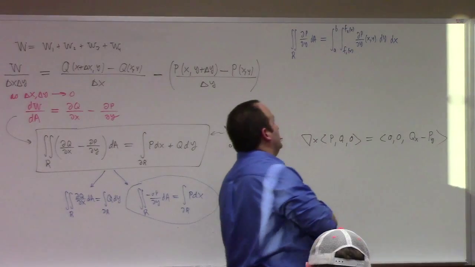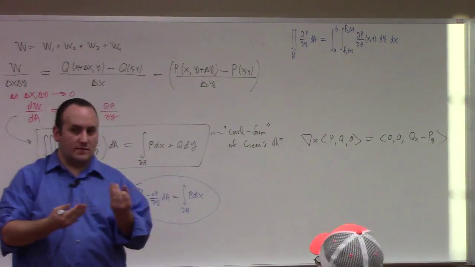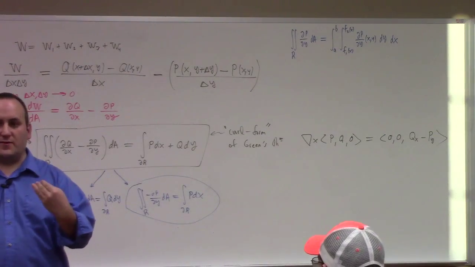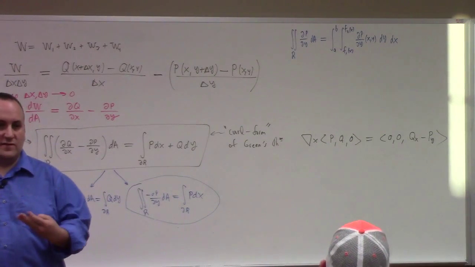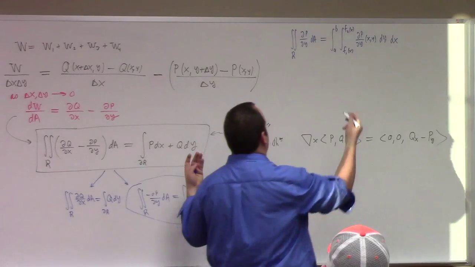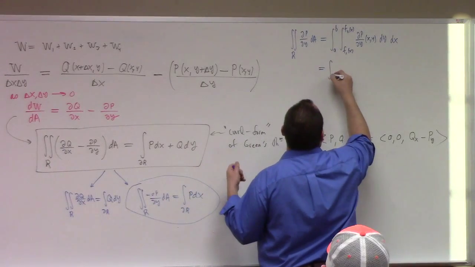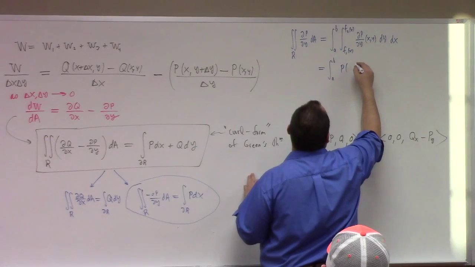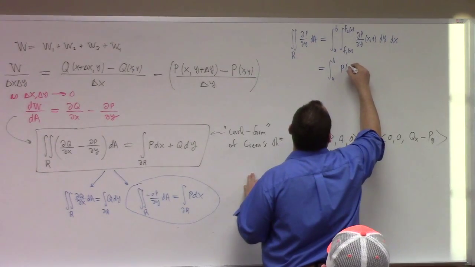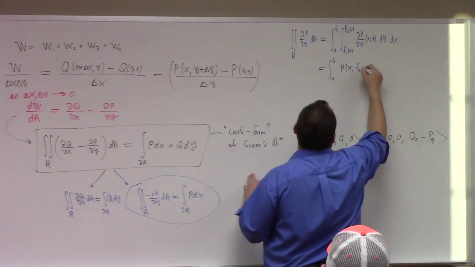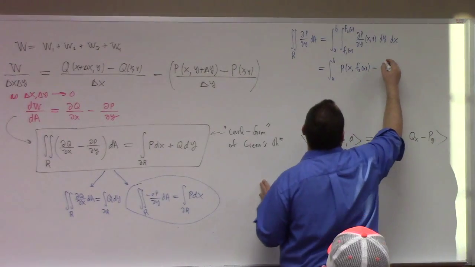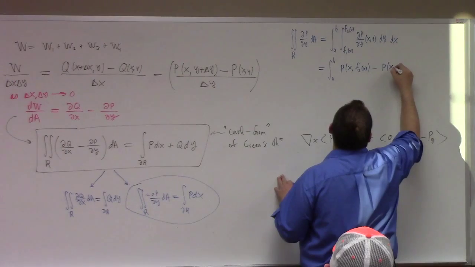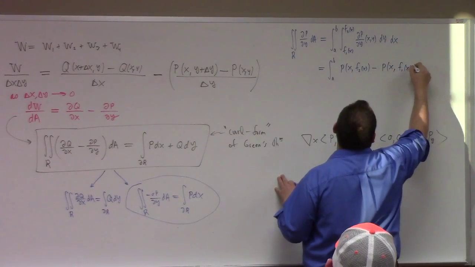But this is pretty awesome because in the first integration, we're faced with the integral of a total derivative with respect to the integration variable, which means by the net change theorem, I can just do the first integral by the fundamental theorem of calculus. This is P of x comma f2 of x minus P of x comma f1 of x.